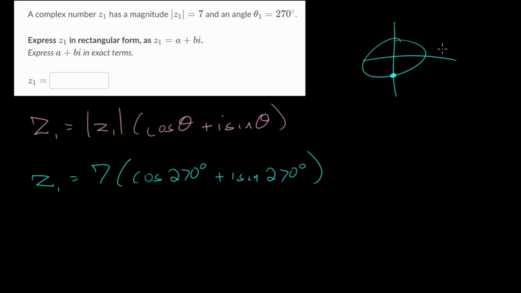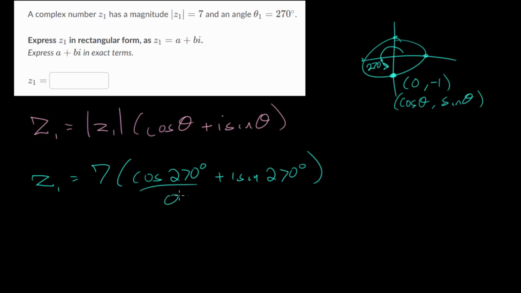And remember, on the unit circle, this coordinate, so we're dealing with this angle, this is 270, would have an x value of 0 and a y value of -1, but on the unit circle, the x values are the cosine values of the angle, and the y values are the sine values. Of course, if you don't remember this, you can always just plug these into your calculator to verify.